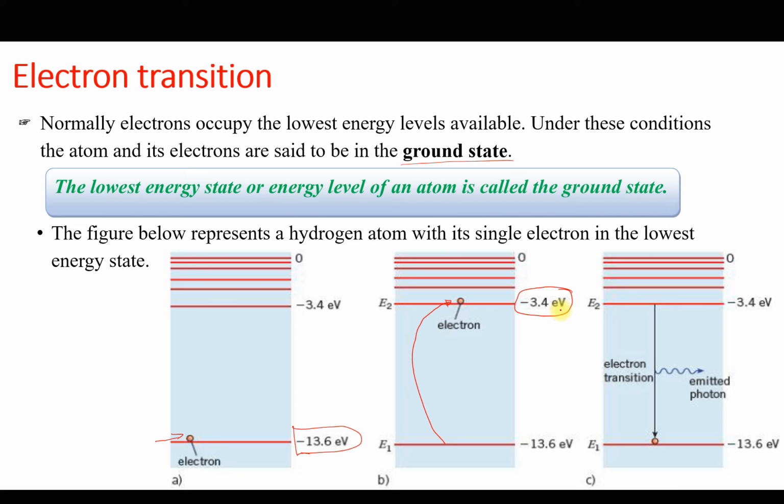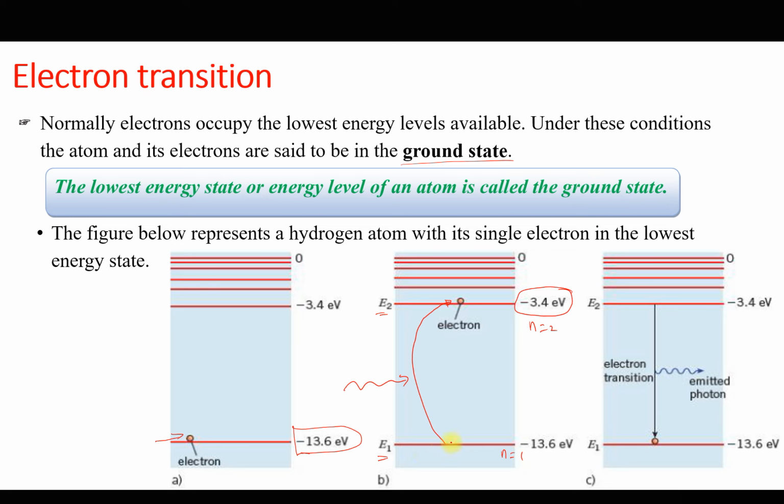The ground state is called n equals 1, and n equals 2 is considered to be the first excited state. So the electron has made a transition. It can't make a transition from E1 to E2 without gaining energy. So it has gained a photon of energy.